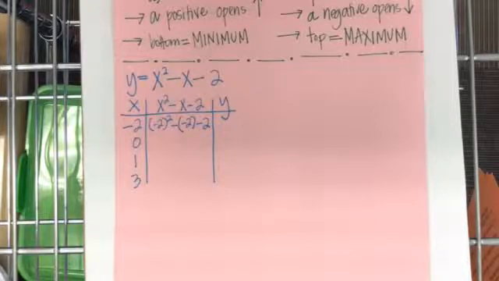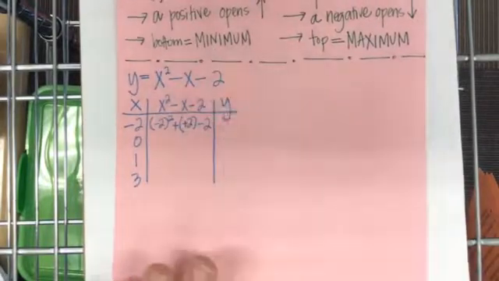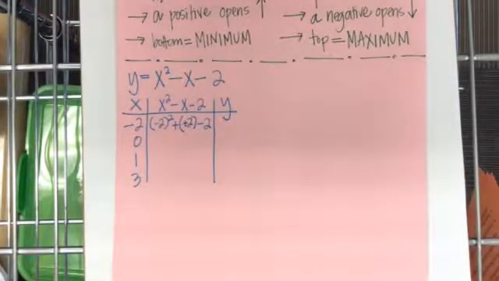You could type this exactly how it looks into your calculator, or we could do mental math. -2 squared, -2 times -2 is +4. Minus negative is plus, so 4 plus 2 is 6. Minus 2 is 4.